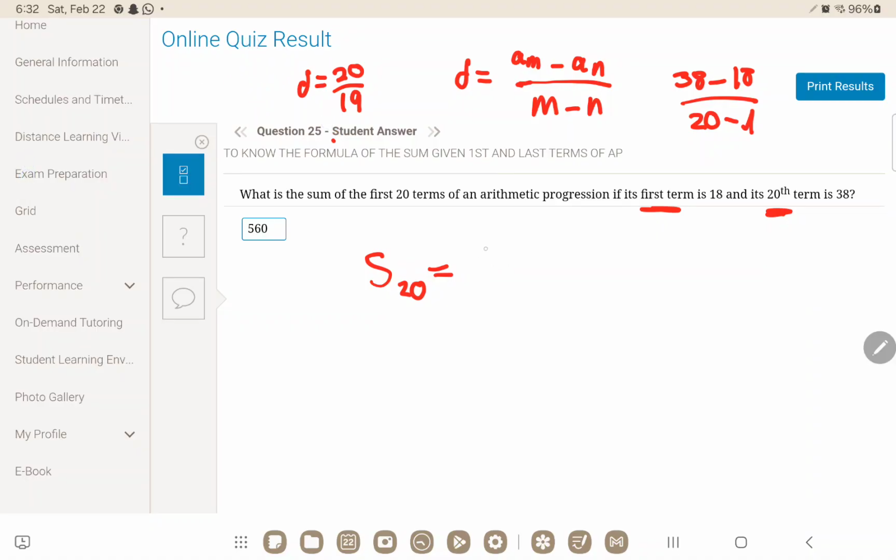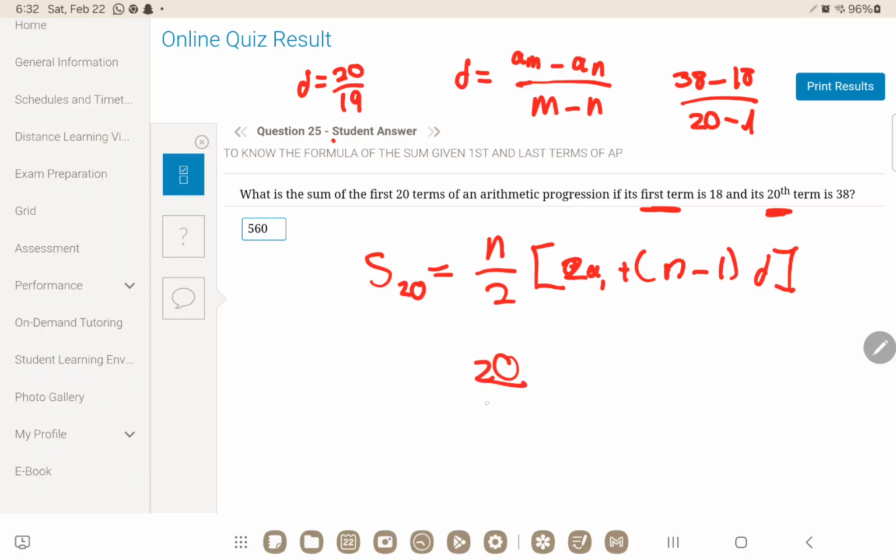Now, let's fill in the sum formula. If you didn't write it down in case, it's n over 2 times 2a_1 plus n minus 1 times d. So 20 over 2 into 2 of 18 plus 20 minus 1 times 20 over 19.